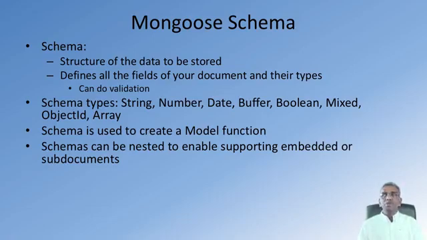The subdocuments typically are accommodated either through specifying an additional schema and then defining one of the fields of the schema to be of the type of the other schema, or you can even go with an array of another schema type within a second schema that you define.